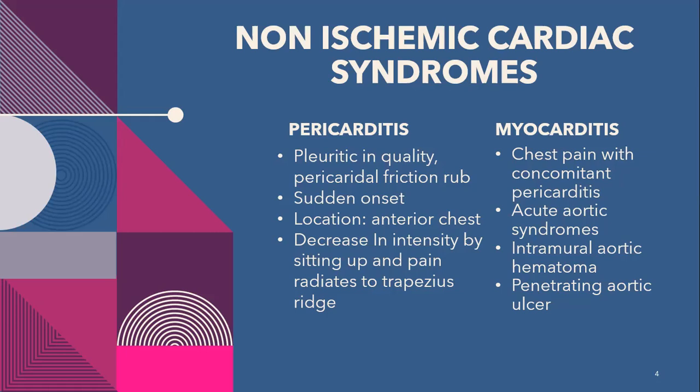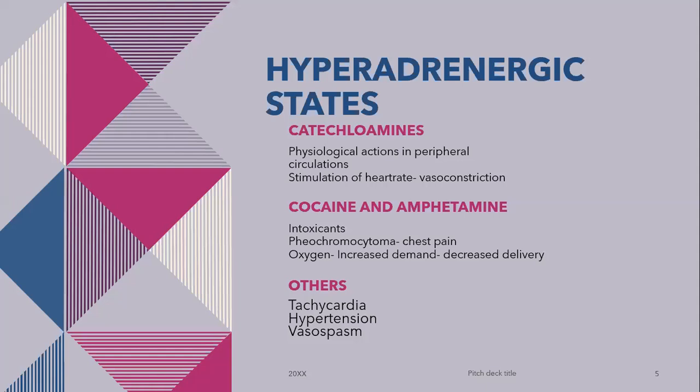So the doctor has to rule out acute aortic syndromes in order to determine whether the chest pain is caused by non-ischemic cardiac syndromes or not. Now, there are certain other causes of chest pain, including hyperandrogenic and adrenergic states. As we know, catecholamines are released by the adrenal glands, including epinephrine, norepinephrine, dopamine, and several other hormones.